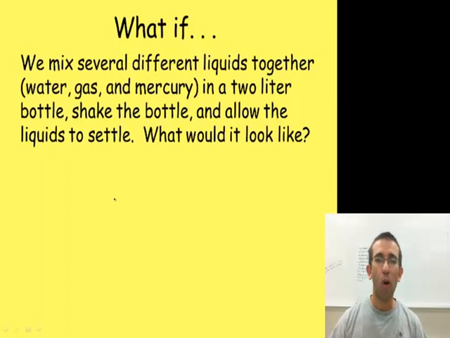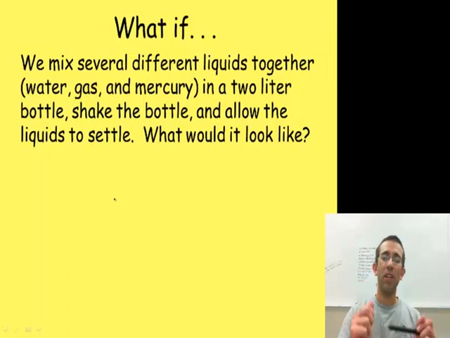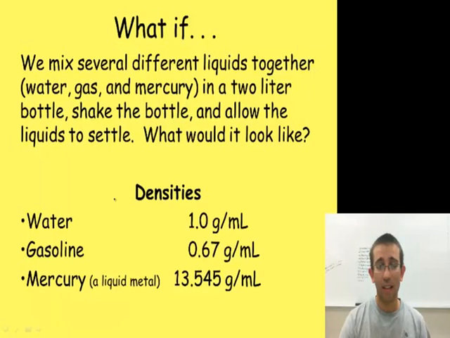What happens if we mix a whole bunch of liquids together? Well, if they don't dissolve in each other, like if you mix water, gasoline, and mercury, and you shake it up and you let them settle, what would happen? What would it look like? Since they don't dissolve in each other, and they have different densities, here are their densities.